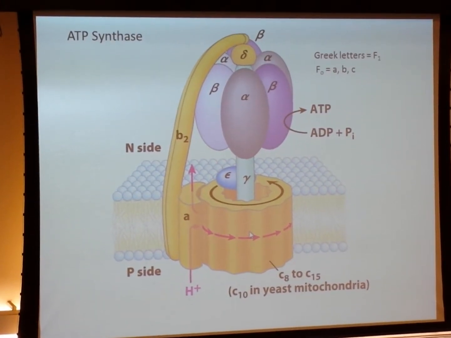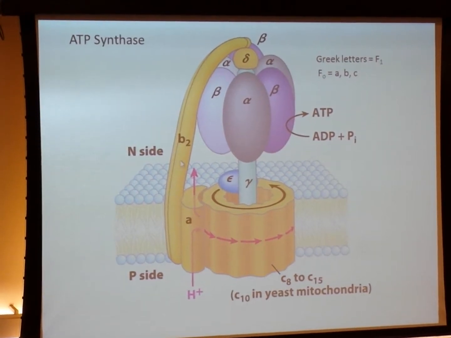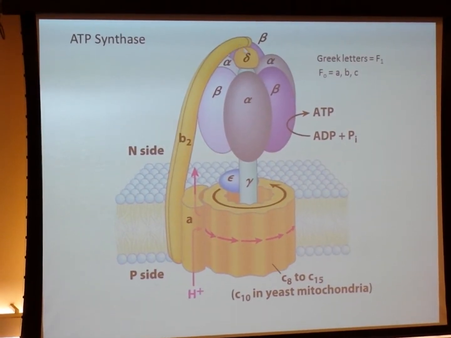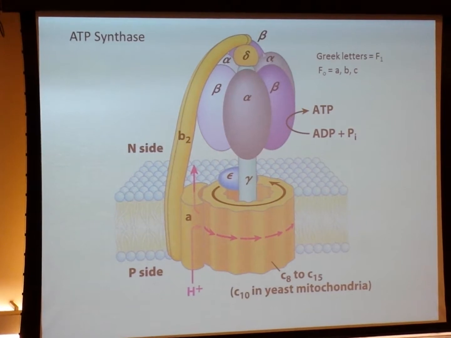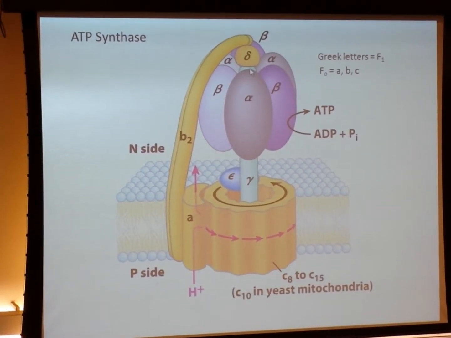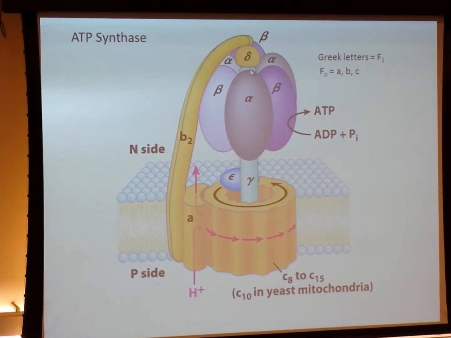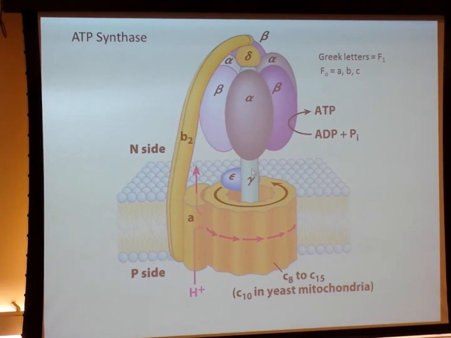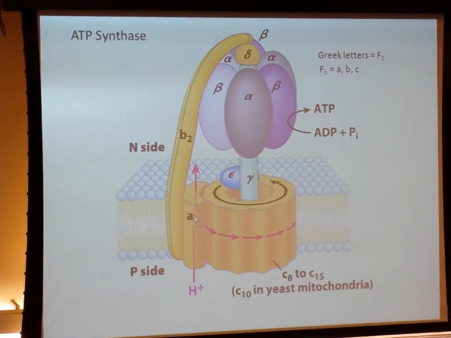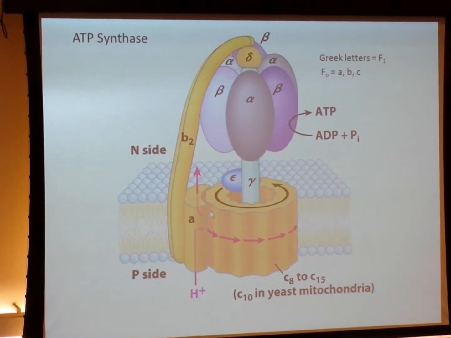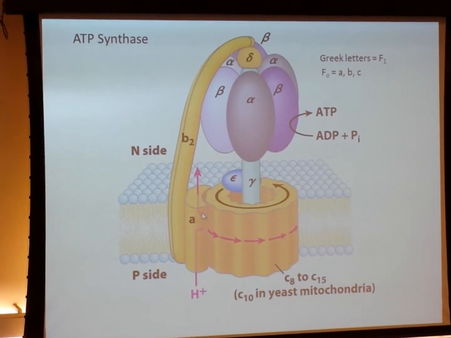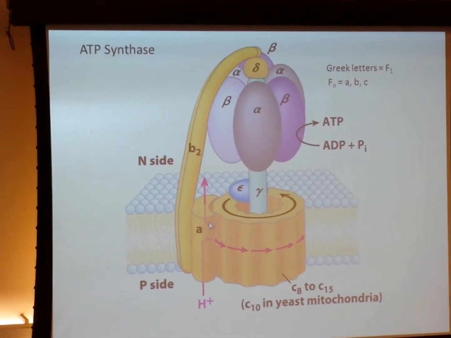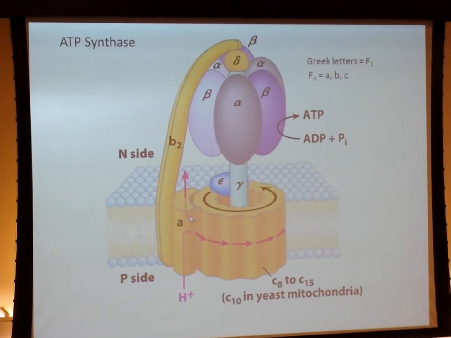So you've got this assembly here, the B's, coming up here to make sure that these guys, the alphas and betas, don't just fly off because of this internal stalk, gamma, that's rotating. A here, along with C, when the C comes and touches right up next to the A, there are 2 half channels.